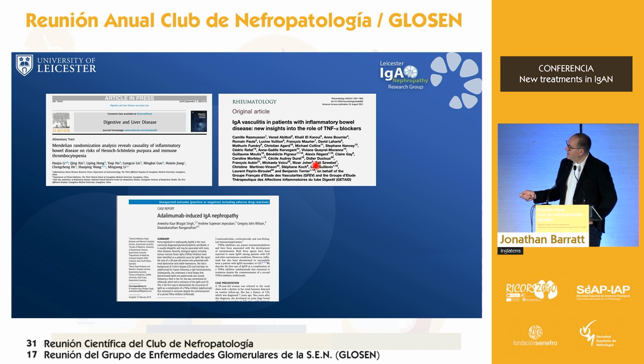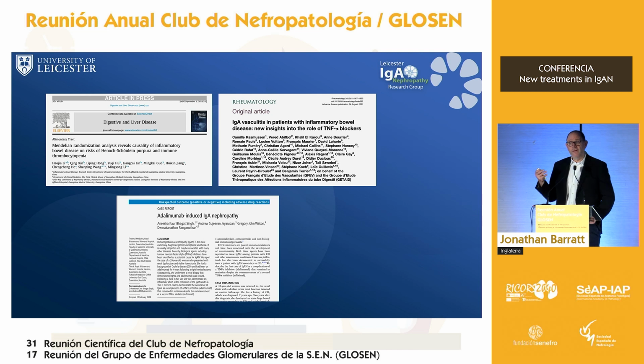There's some very interesting data, and actually there was a whole session at the S.E.N. last year about the frequency of IgA vasculitis in patients on anti-TNF therapy, anti-TNF therapy for inflammatory bowel disease or for psoriatic arthropathy. There is that clear association, and you can see this here, but we also see it in IgA nephropathy.